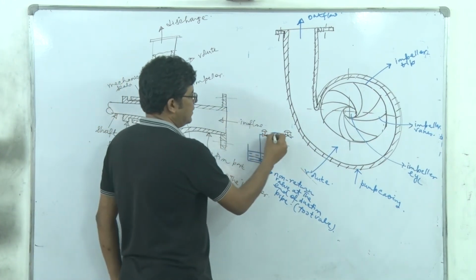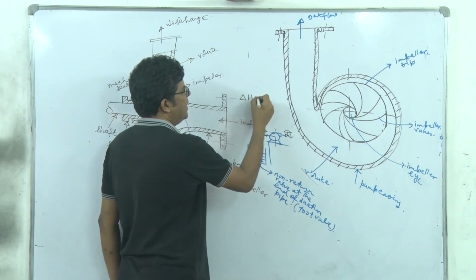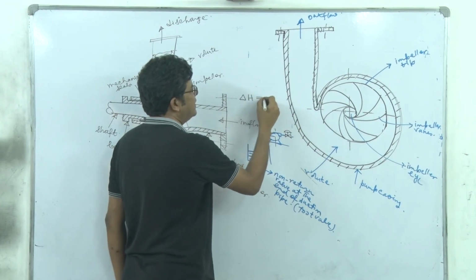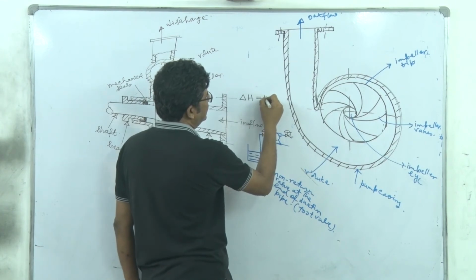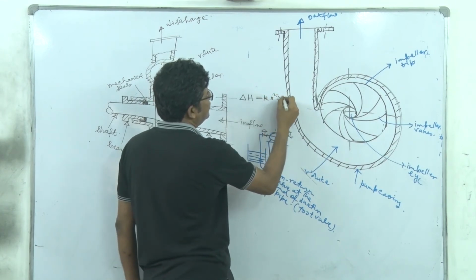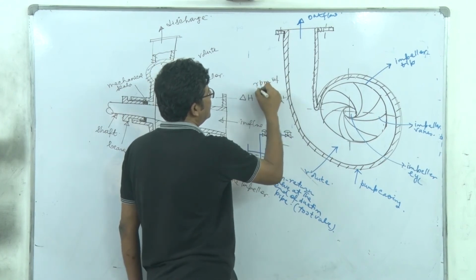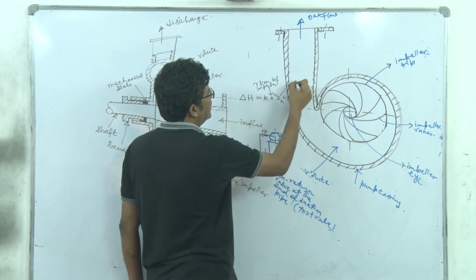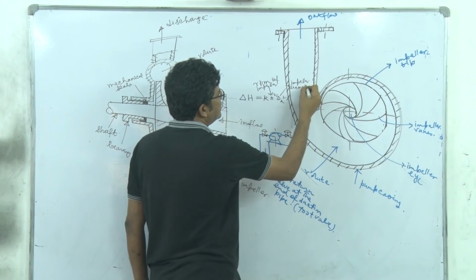Now you see, this head is delta H, and that depends, as we will establish later, on some constant K into N square into dA square. So N is the RPM of the impeller, and dA is the impeller diameter, right?